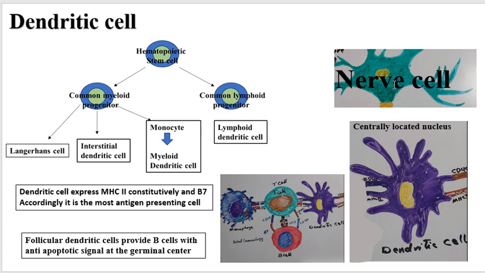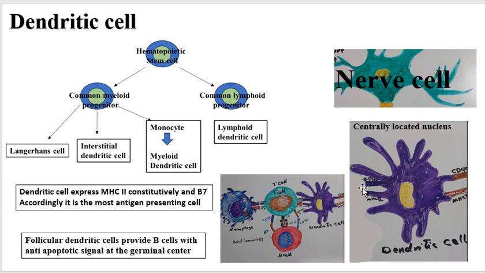Actually, there are 4 types of dendritic cell. 3 of them come from common myeloid progenitor from hematopoietic stem cell, and these are Langerhans cell, interstitial dendritic cell, monocyte, and myeloid dendritic cell. And lymphoid dendritic cell comes from common lymphoid progenitor.